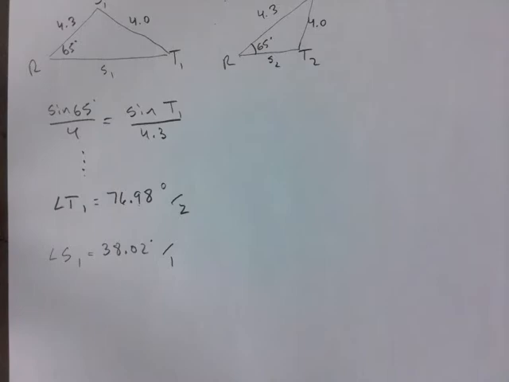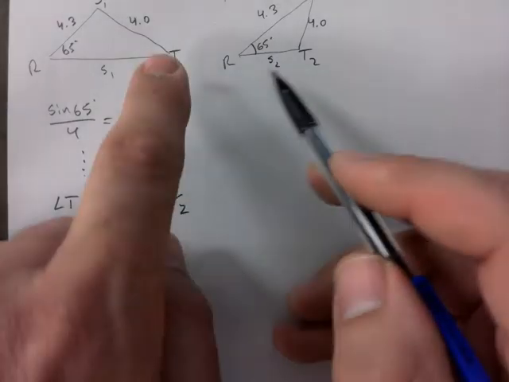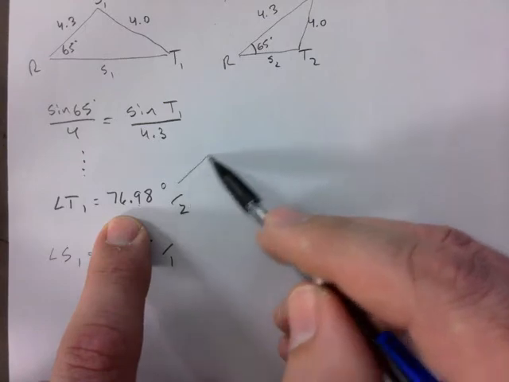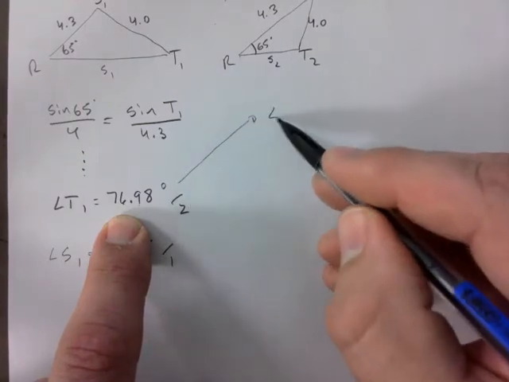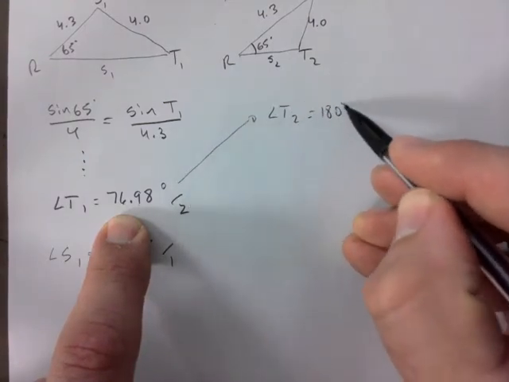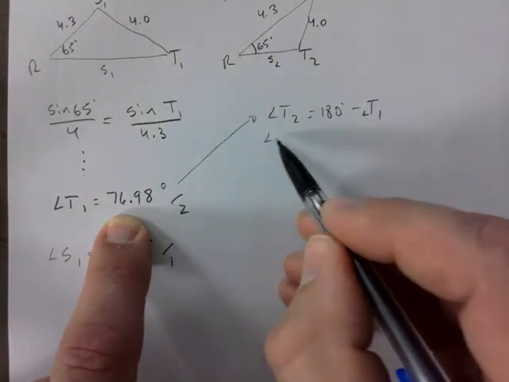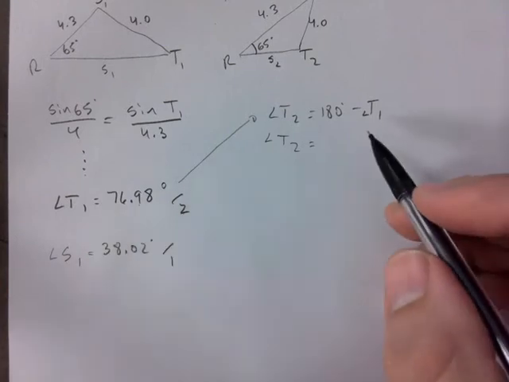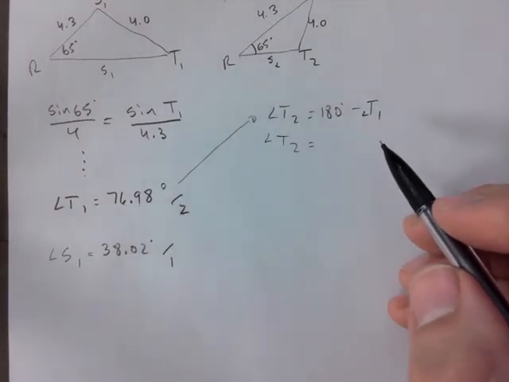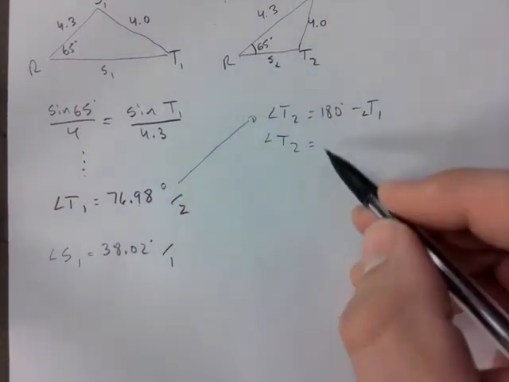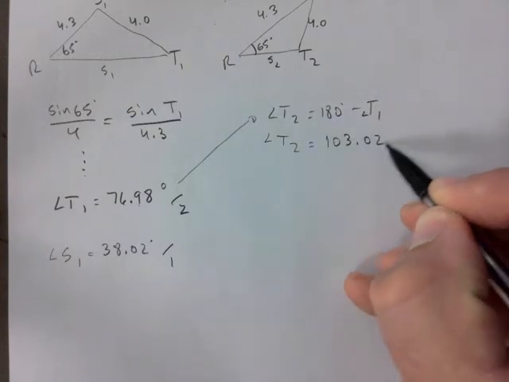Okay. Then this is the kicker, right? To get T2, I'm just going to go over here and just say that angle T2 is 180 minus angle T1, right? That is very important to me to see that. And so T2 is going to be 103.02 degrees.